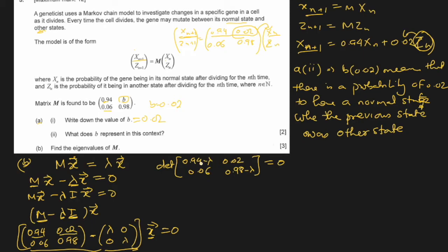We'll find the determinant now. Can we simplify? No, it will still be in decimal, so let's do that. Okay, so multiply this: 0.94 minus lambda and 0.98 minus lambda, minus 0.06 times 0.02, equal to 0.